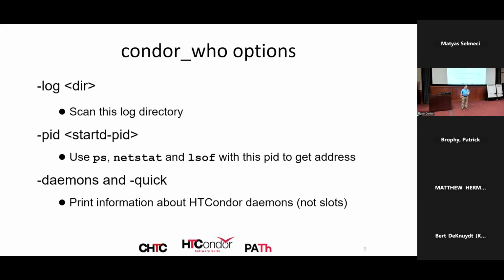And then -quick is kind of the same thing as -daemons, but it does that by querying the master and asking the master to tell it what it knows about its children. So these are of interest to people who manage Condor pools, but not necessarily, or not at all, directly relevant to the question of who is using this EP.